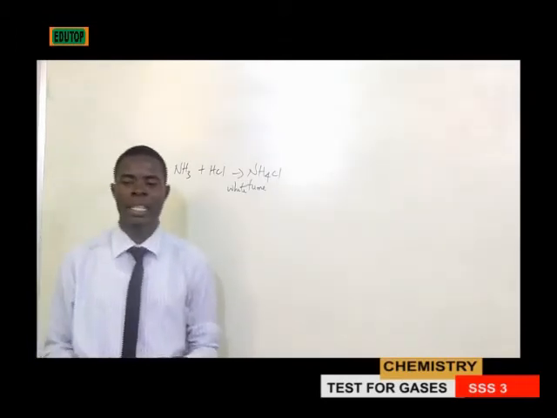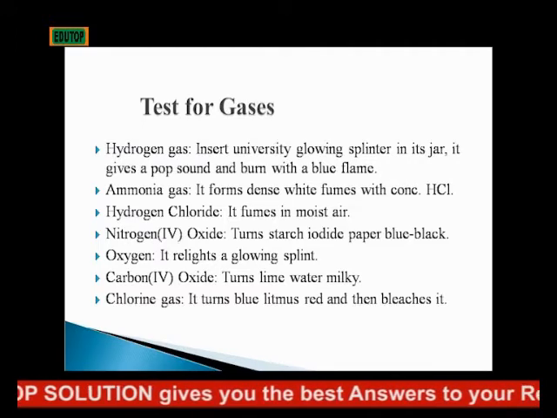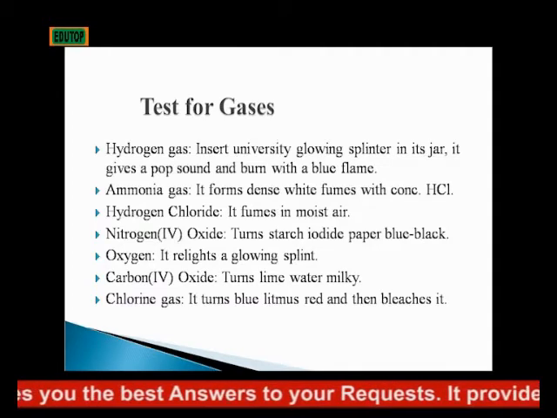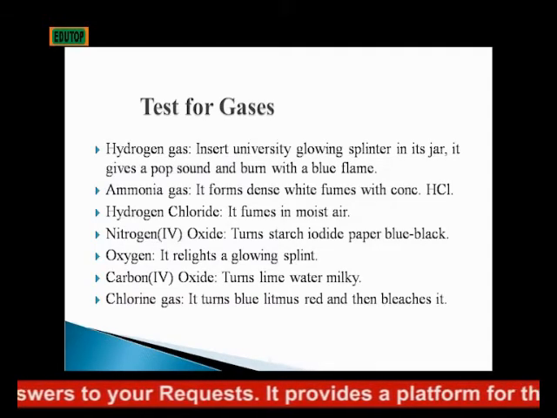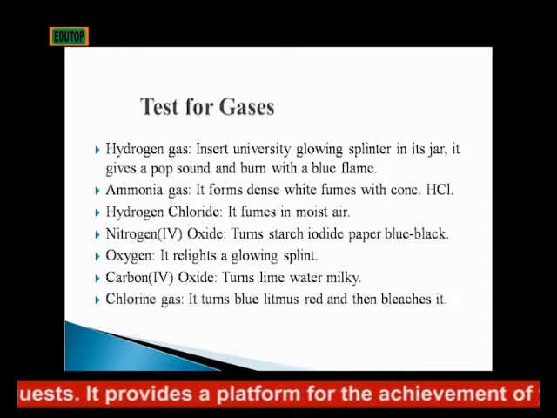Carbon (IV) oxide. How can carbon (IV) oxide be tested for? Introduce lime water, which is slaked lime, into it. It turns lime water milky due to the formation of calcium trioxocarbonate (IV), an insoluble compound which comes out as a precipitate.